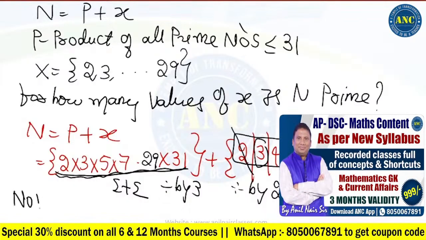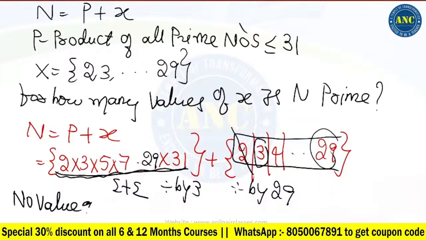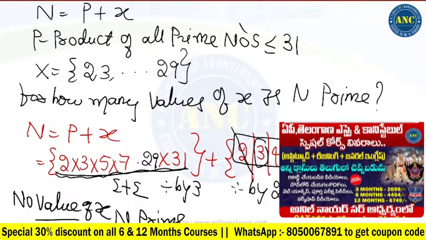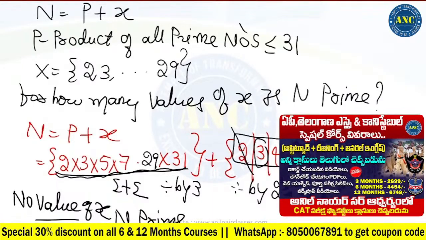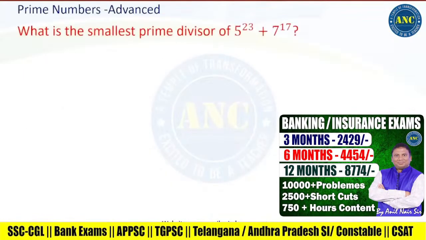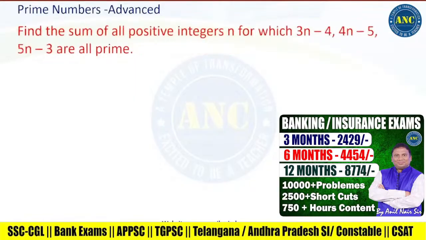No value of X will make n a prime number. I hope the idea is clear. No value of X will make n a prime number. Very, very good questions. Based upon this, let us solve some previous year CAT questions.